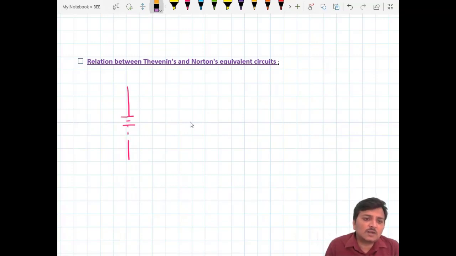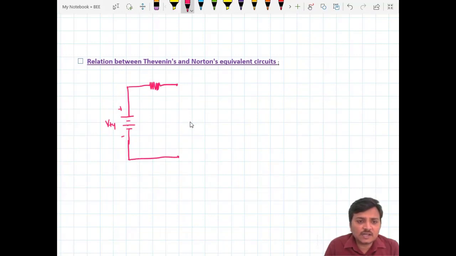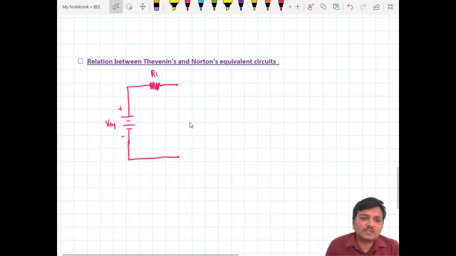This voltage source is called the Thevenin's equivalent voltage, VTH. We'll call this VTH, and a resistance connected in series, which is called RTH, and the load terminals A and B.